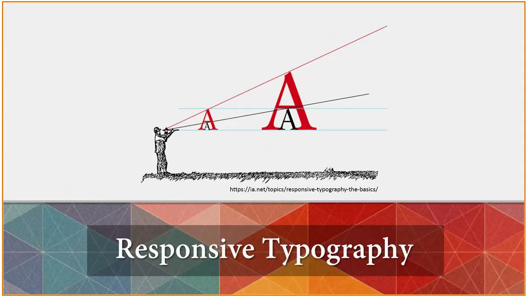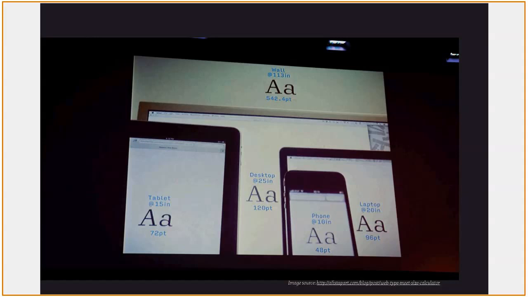So, responsive typography. The challenge regarding responsive typography is how to present fonts on large screens, desktop, tablets, phones, laptops, and so on. As you can see, visually here the fonts are all the same size, but technically these are extremely different font sizes.